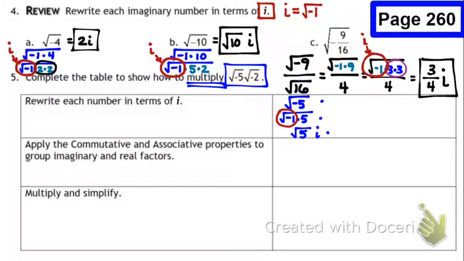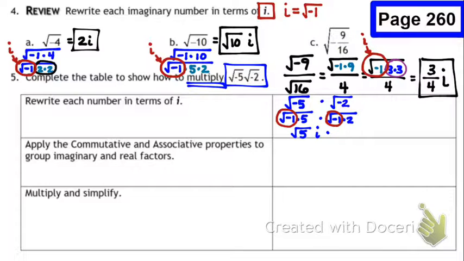What can I do with the square root of -2? How can I break that down? Not just 1 and 2, but -1 times 2. Can I bring anything out? -1 can come out as i.